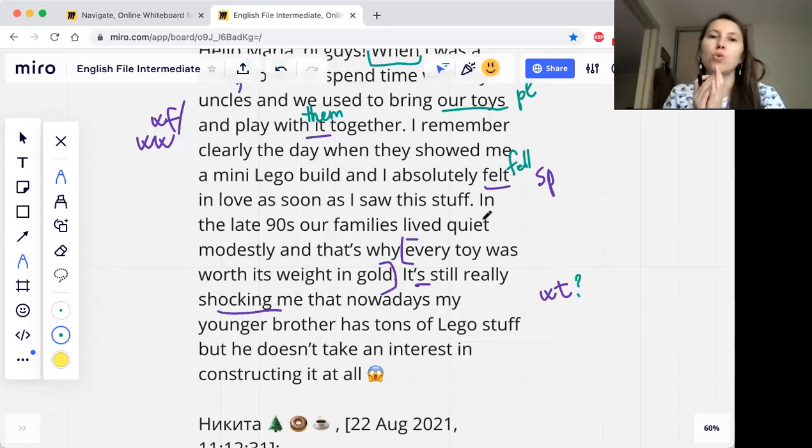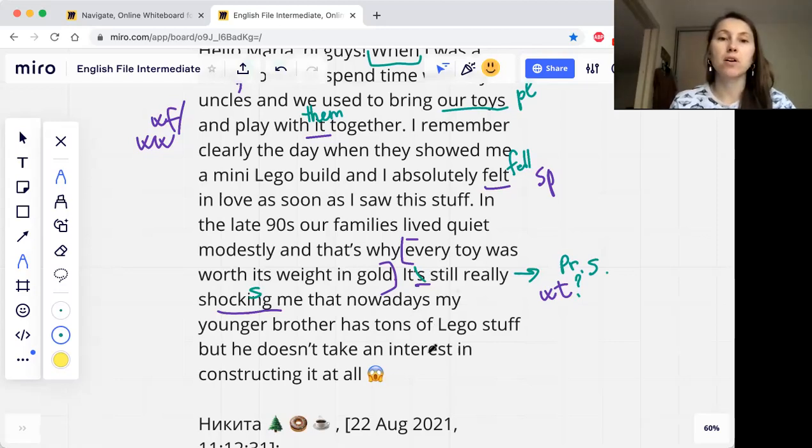It will be your some true fact about your life. So I would change it. So for something that happens pretty regularly, we change it to present simple. Present simple, so it will be, it still really shocks me. It still really shocks me that nowadays my younger brother has tons and stuff.